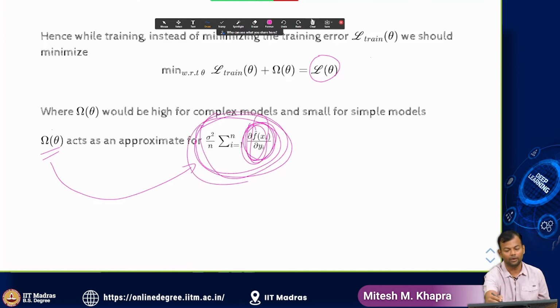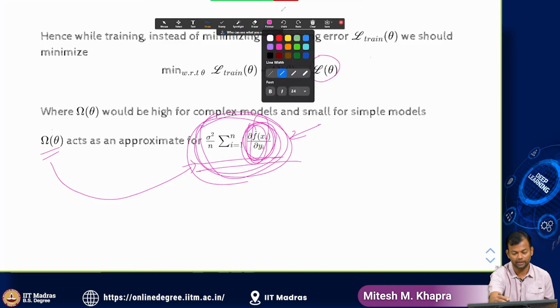That is the way you are going to handle this complex term, because directly handling it looks difficult, but you could define some omega thetas such that you are sure that if you minimize that omega theta, your model complexity is going to be reduced, and hence this term that was bothering you is going to be reduced, right.